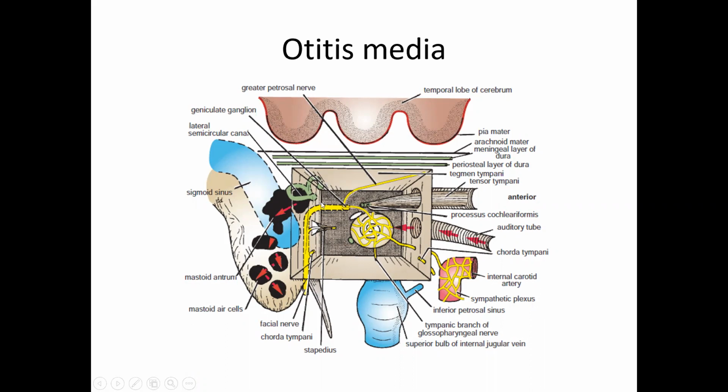Now, infection of the middle ear is called otitis media. Infective fluid comes in from the auditory tube because respiratory tract infections are pretty common. And through the auditory tube, it can enter the middle ear. The auditory tube is very oblique and narrow in adults.